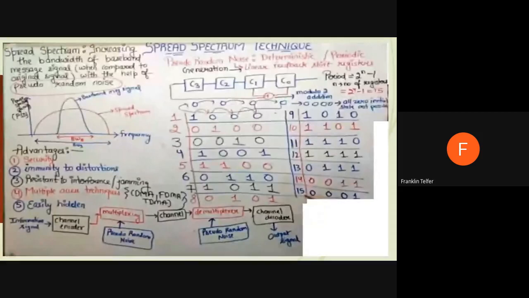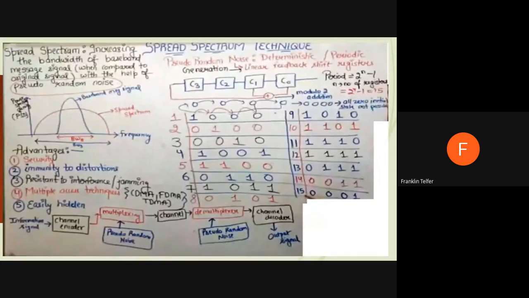Depending upon the number of shift registers, the number of bits generated, as well as the period, depends upon 2 power n minus 1, where n is the number of registers. You have taken n equal to 4. 2 power 4 minus 1, we will have 15 bits in the possible random PN sequence.